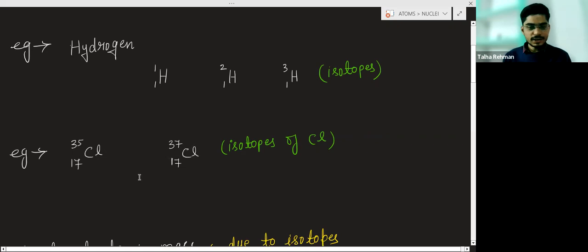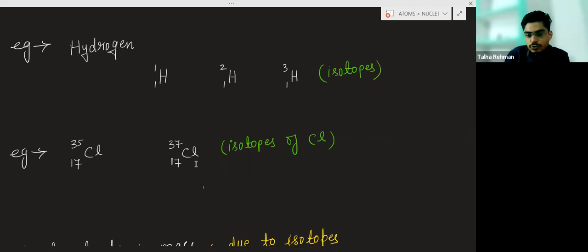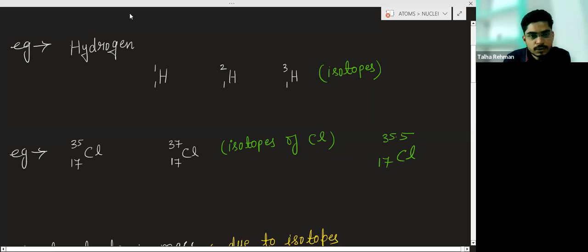If you want to find the average mass of this chlorine, because you have seen somewhere that chlorine mass is taken as 35.5. Why? Because chlorine has two isotopes and we take the average mass of chlorine.